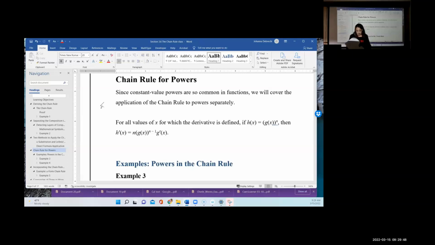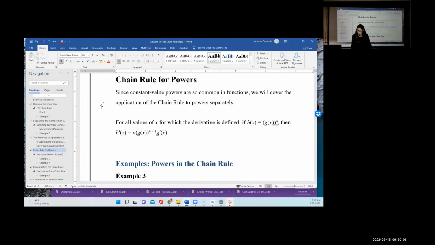Okay. The chain rule for powers. When we're looking at the chain rule for powers, we're talking about the power rule that we applied multiple times on the previous one.